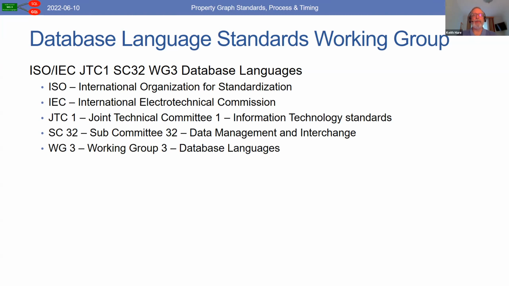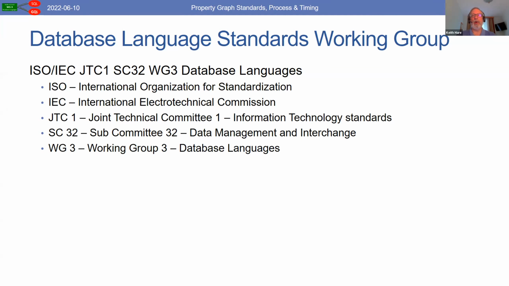There's a joint technical committee under ISO, which is the International Organization for Standardization, and under IEC, the International Electrotechnical Commission. And it is called JTC1, or Joint Technical Committee 1. The names aren't all that fancy.